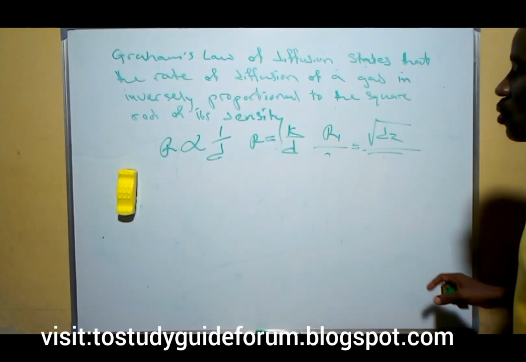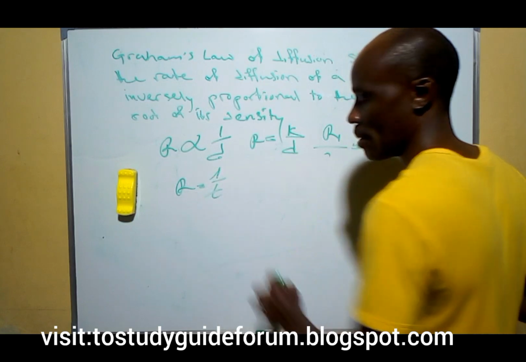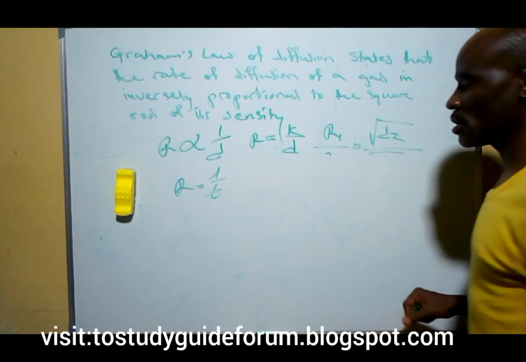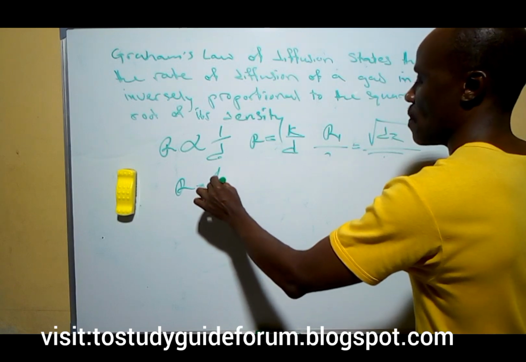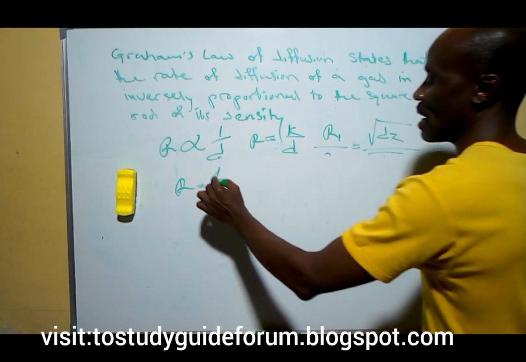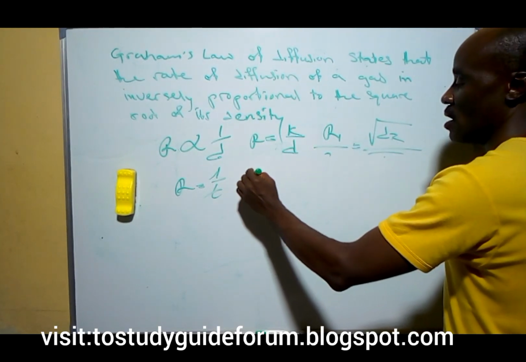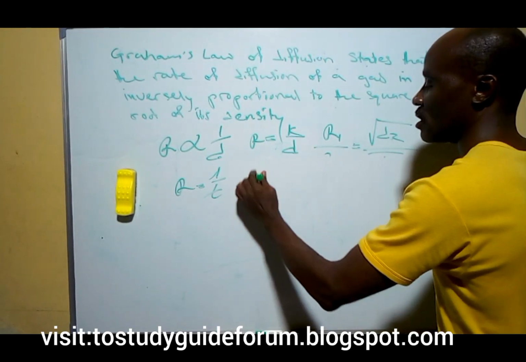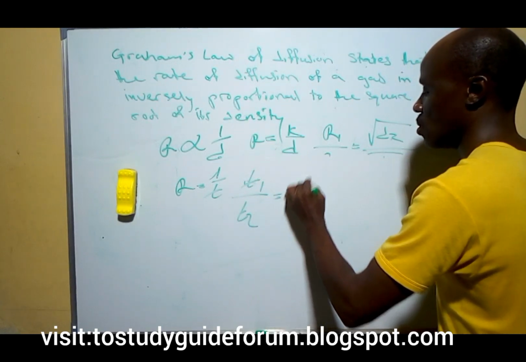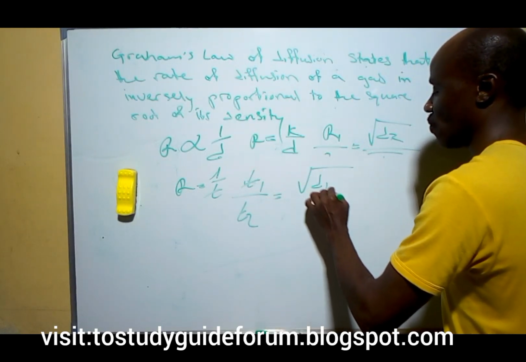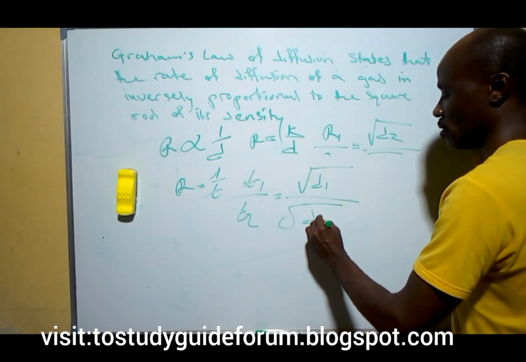Another thing we should also know is that rate is inversely proportional to time. Since rate is inversely proportional to time, if we apply it to the existing equation we have here, we can say that time t1 over t2 is equal to the square root of vapor density of 1 over the square root of density of 2.